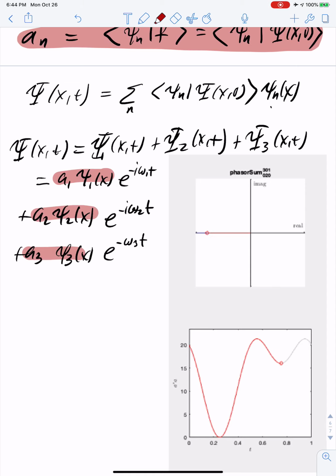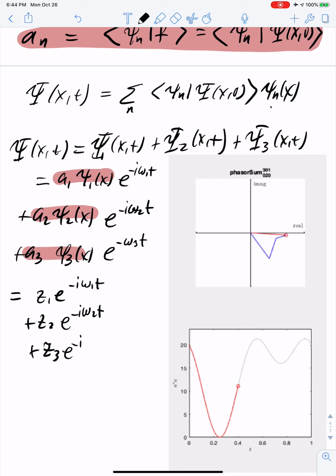So we could just think of this as z1 e to the minus i omega 1 t plus z2 e to the minus i omega 2 t plus z3 e to the minus i omega 3 t. So what's happening then?